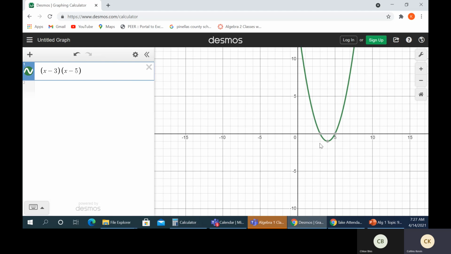So there we go. So as predicted, our vertex is at 4, negative 1. We cross at 5. We cross at 3. Perfect. Okay. All right, so let's move on.